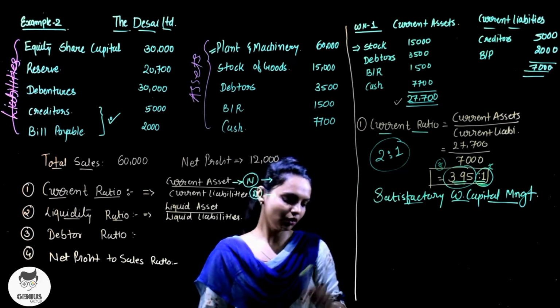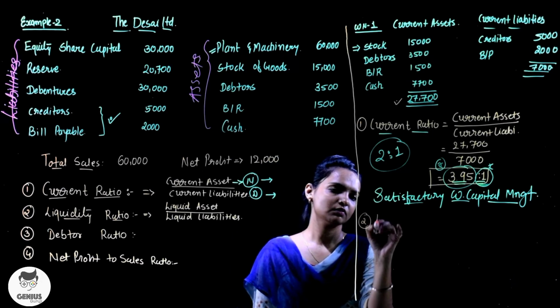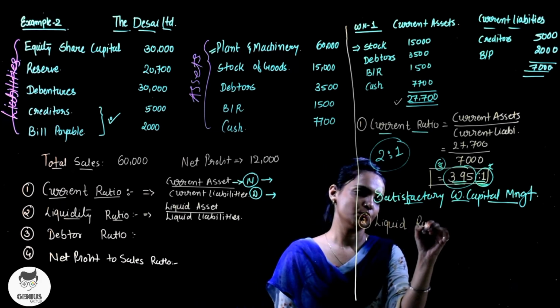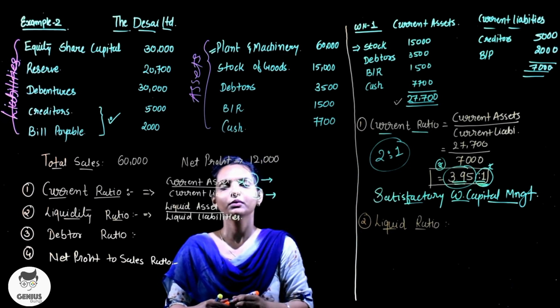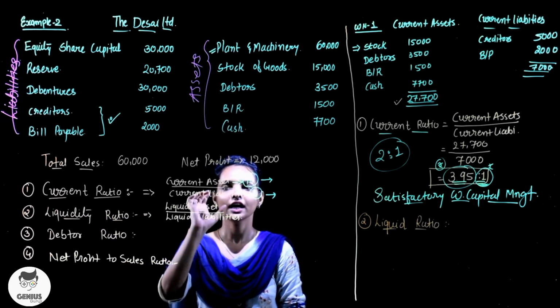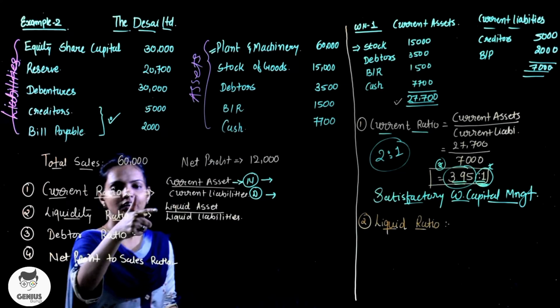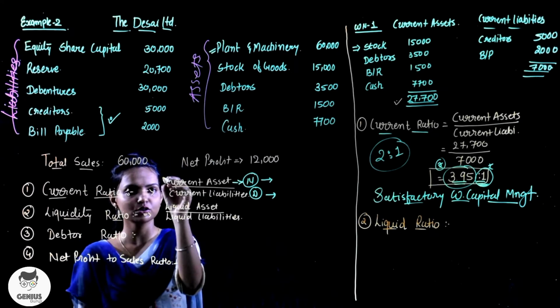Now your second ratio is liquid ratio. Recall your memory. In the last session, we discussed liquidity ratio, and liquidity ratio shows the relationship between liquid assets and liquid liability. But what is the difference between these two?